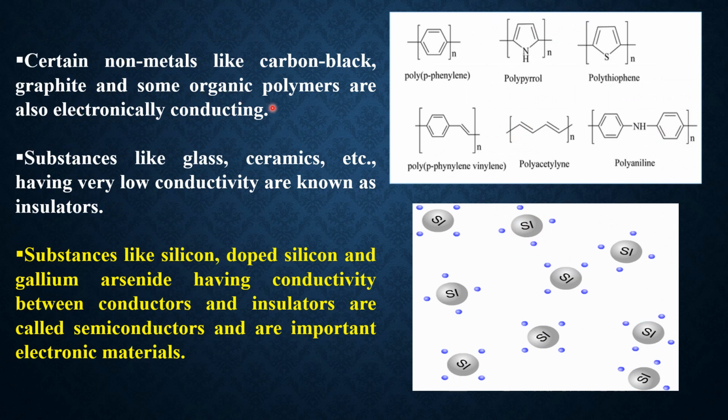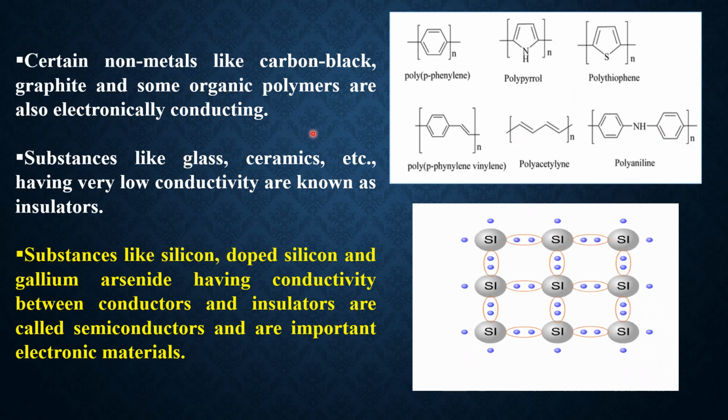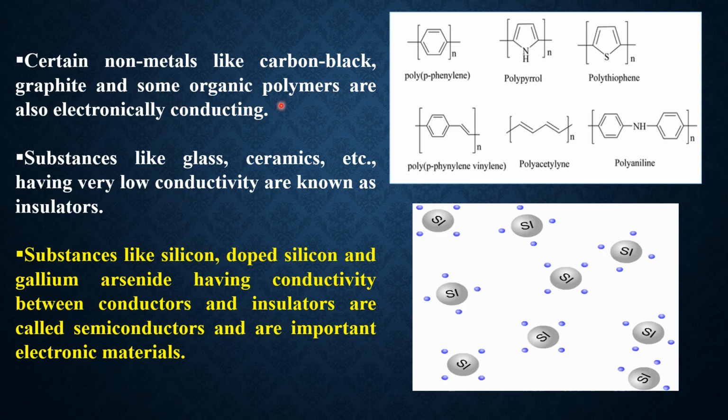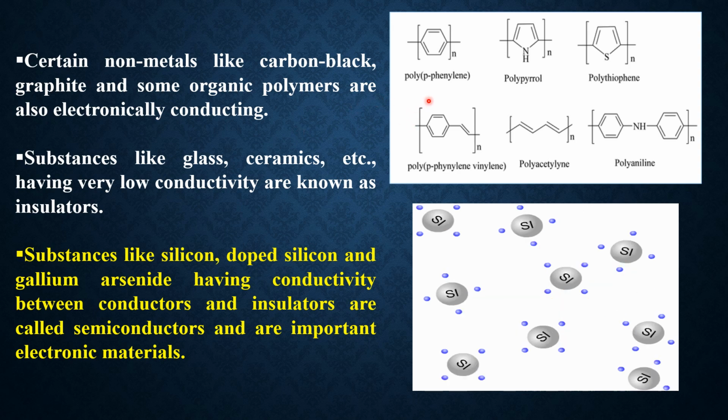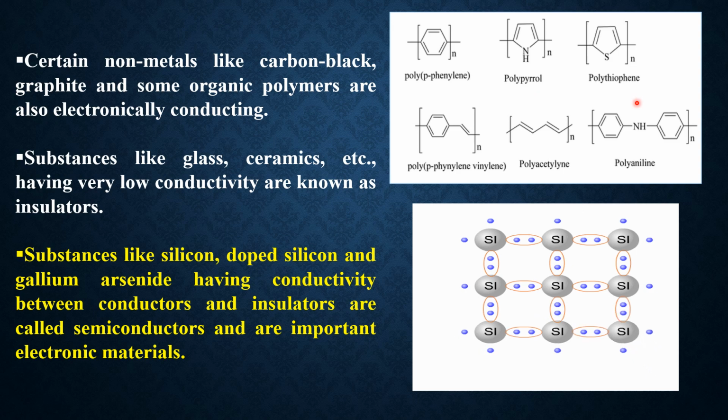Certain non-metals also come in the category of conductive ones, like carbon black, graphite, and some organic polymers, which are also electronically conducting materials. These are polyphenylene, polypyrrole, polythiophene.